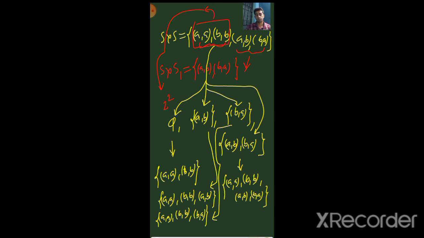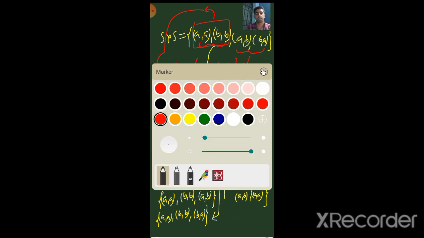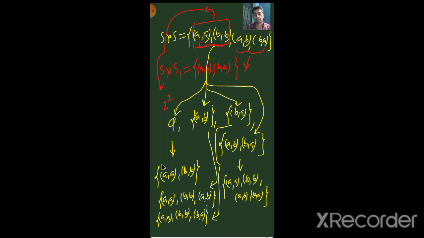So there are 4 reflexive relations here: R1, R2, R3, and R4.